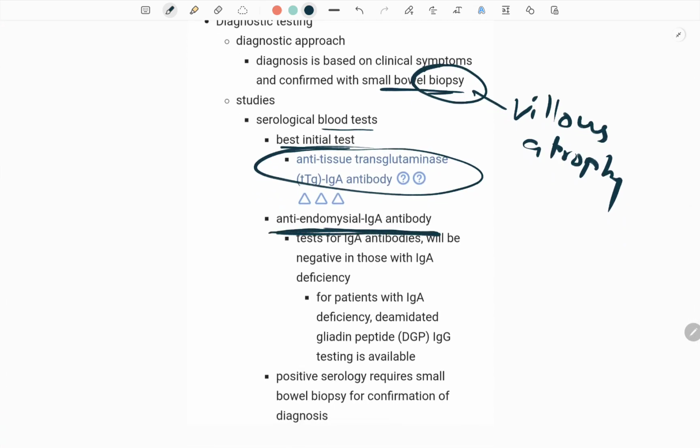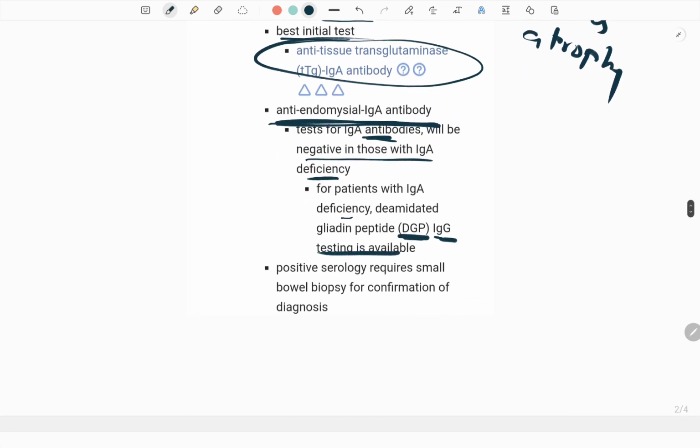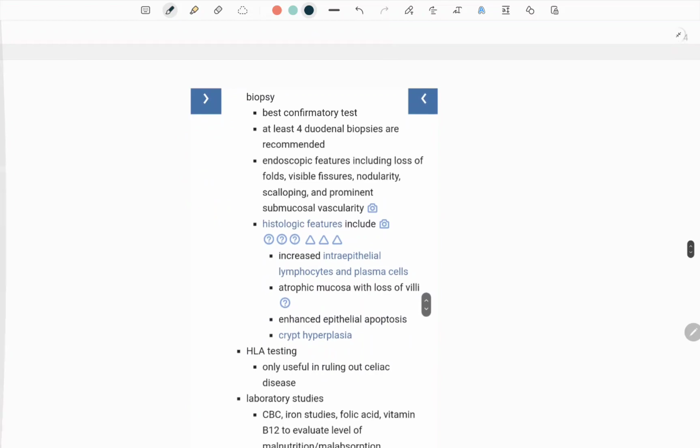Anti-endomysial IgA antibodies are also seen. Tests for IgA antibodies will be negative in those with IgA deficiency. For patients with IgA deficiency, deamidated gliadin peptide, known as DGP IgG, testing is available. Positive serology requires small bowel biopsy for confirmation of the diagnosis.